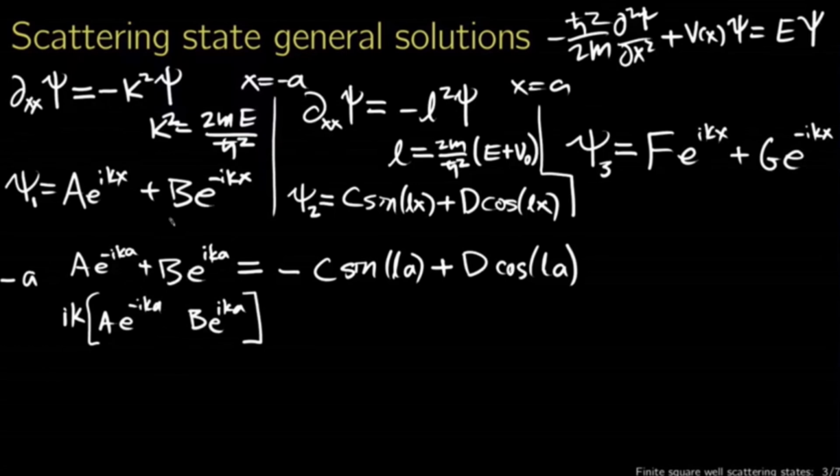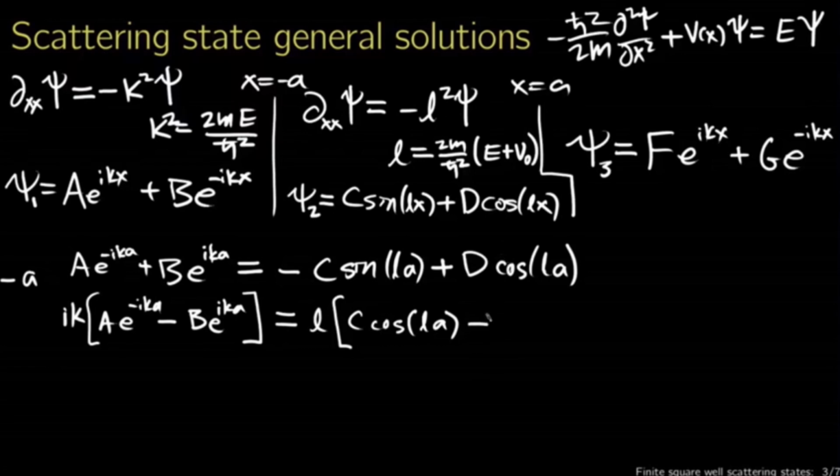Since the sign here is going to bring down a minus ik, when I factor out the ik, I'll still be left with the minus sign. So that's our first derivative of the wave function in this region. And if we're going to ensure continuity of the first derivative, we must also equal the first derivative of this wave function evaluated at the boundary. Taking the first derivative of sine and of cosine is going to pull out an L, so I'm going to have something that looks similar. I'm going to have L times a quantity, then the derivative of sine is cosine, c cosine La, and the derivative of cosine is minus sine.